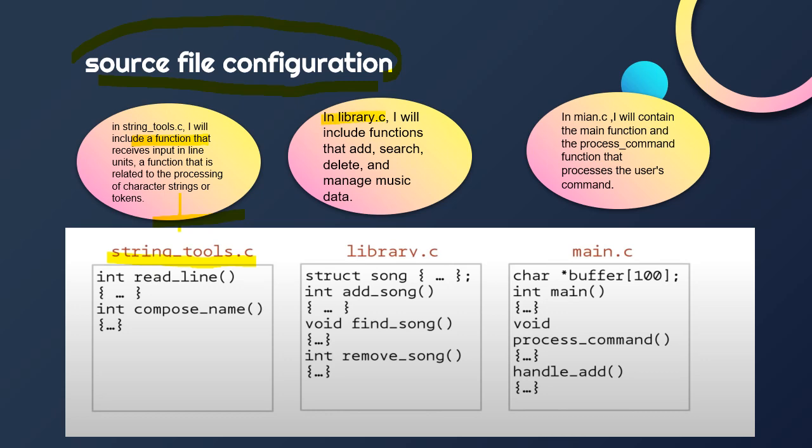In library C, I will include functions that add, search, delete, and manage music data, like struct song, the int add song function, find song function, and remove song function. This C file is only about strings, compose name, and read line.